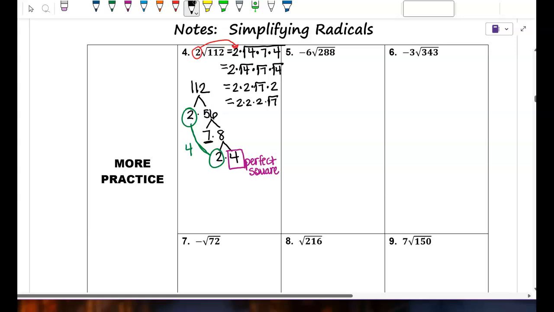And what do I get when I take 2 times 2 times 2? 8. So I have 8 times radical 7. So 2 radical 112 is equal to 8 radical 7.